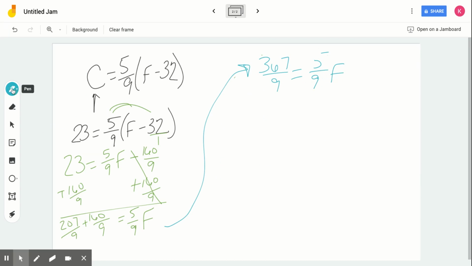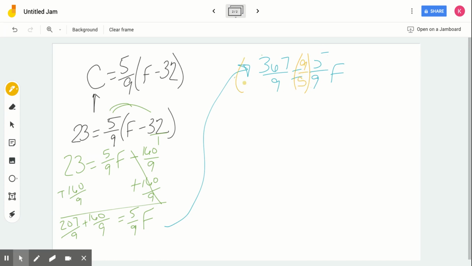We should know now that the opposite of multiplication is to divide. However, we don't divide by fractions. Instead, we multiply by the reciprocal. So the reciprocal of 5/9 is simply 9/5.